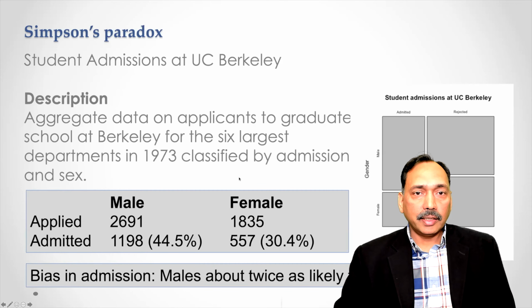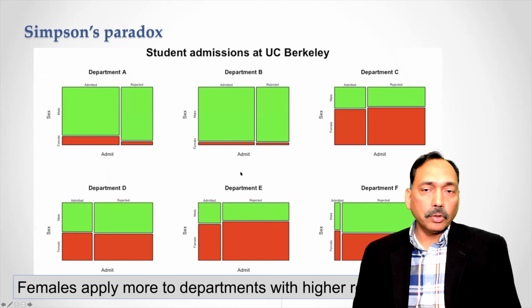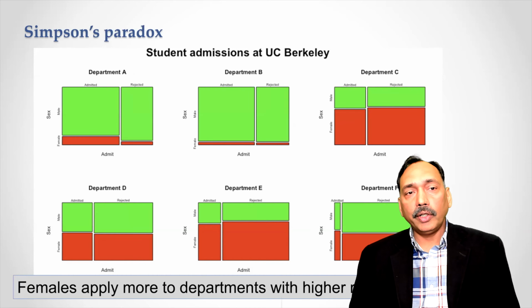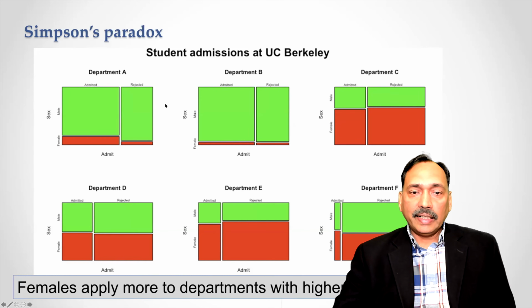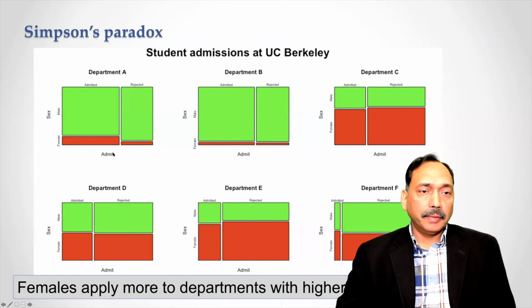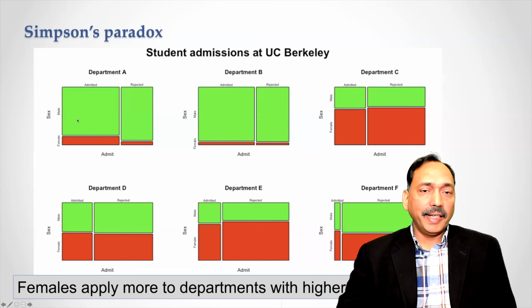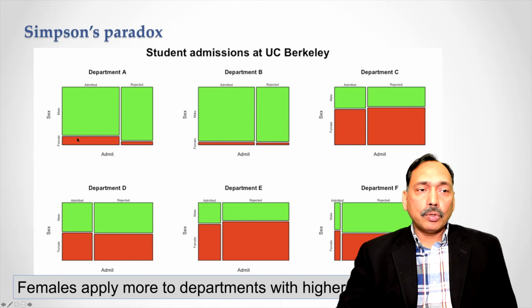So if you look at the next plot, a similar plot, but now it is department-wise. As noted in the previous slide, there are 6 departments. So when you look closely, in the first department, the bigger blocks are for green, which is for male. Clearly, a lot of students apply to graduate school in department A, and a lot of those students are male.